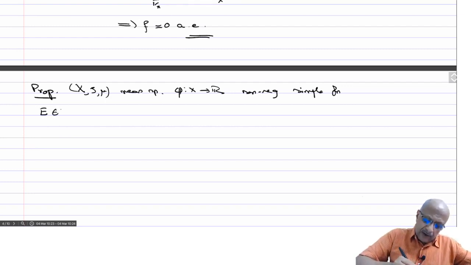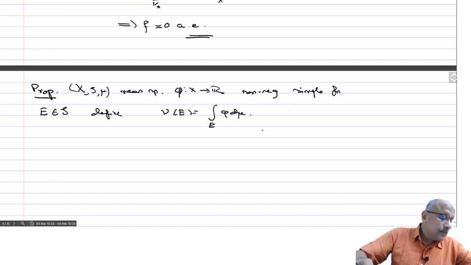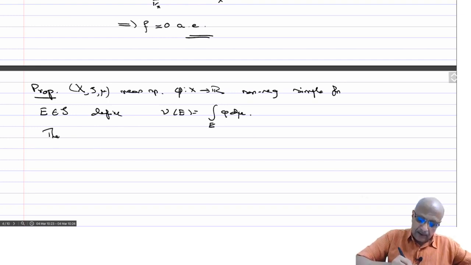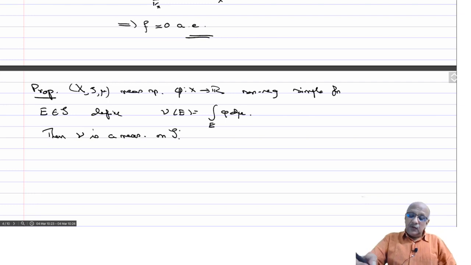Let E belong to S, and define nu of E equals the integral over E of phi d mu. Then nu is a measure on S. So the indefinite integral gives you a measure.